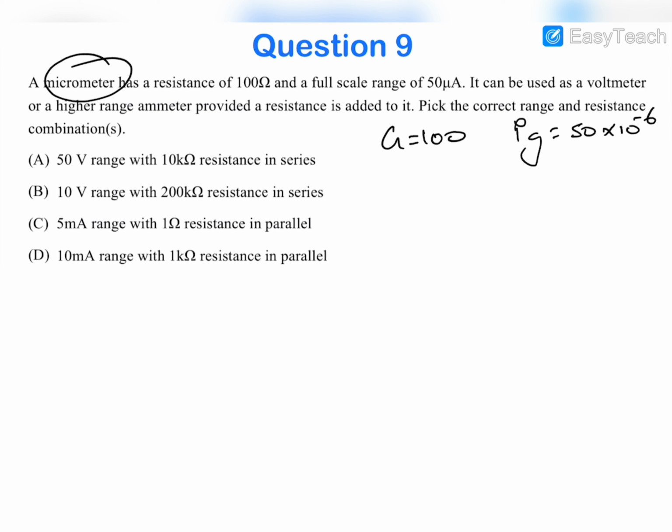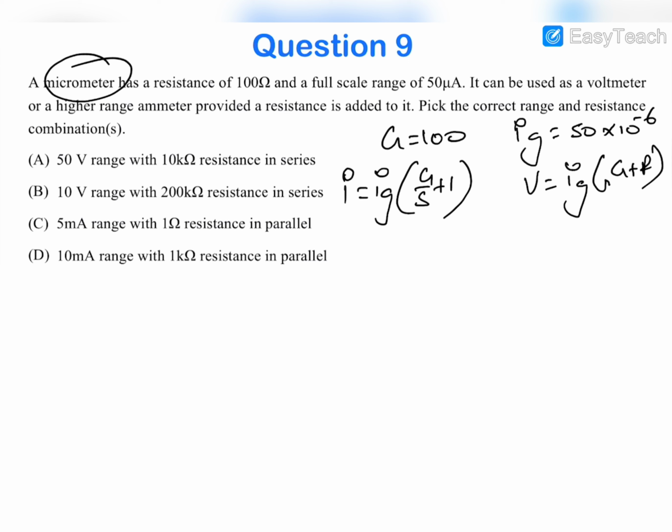So we know that first of all I is Ig into G by S plus 1 for the ammeter, and for the voltmeter V is equal to Ig into G plus R. Okay, now you can verify that by these two formulas, option B and option C would be the correct answers.